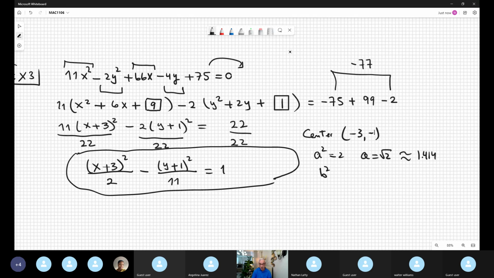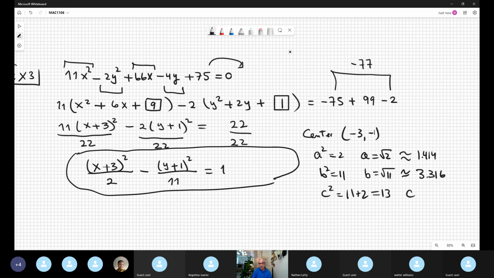b squared, sorry, is 11. Now b alone is the square root of 11, which is approximately 3 point something. 3.3, 1106. You can verify in your own calculator. And c squared is the sum 11 plus 2, okay, 13.